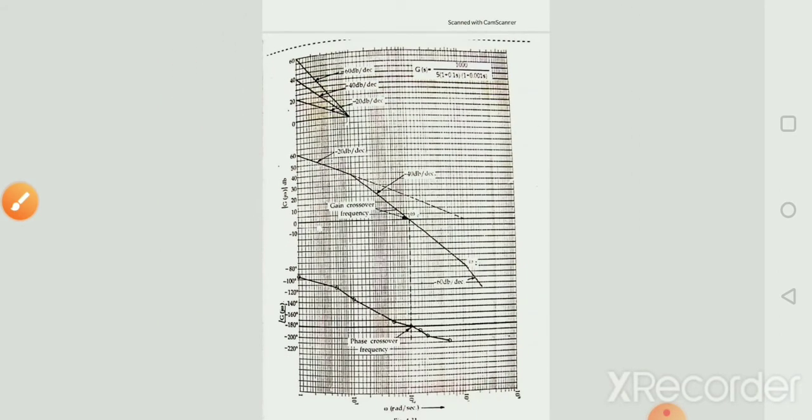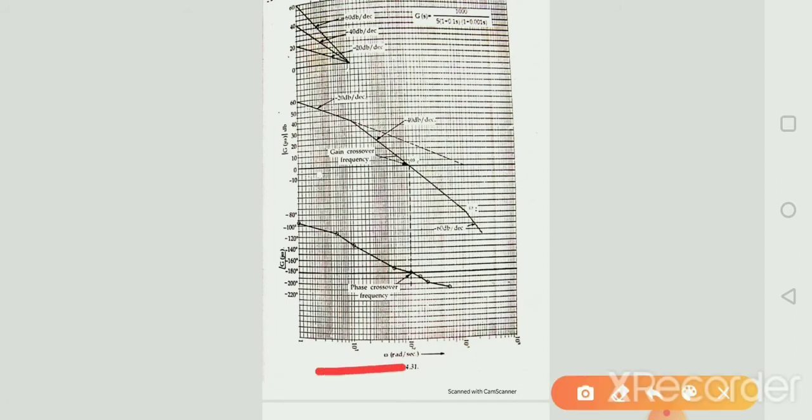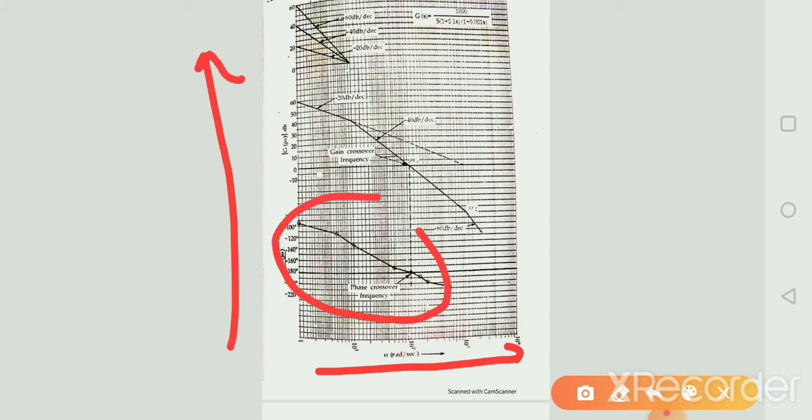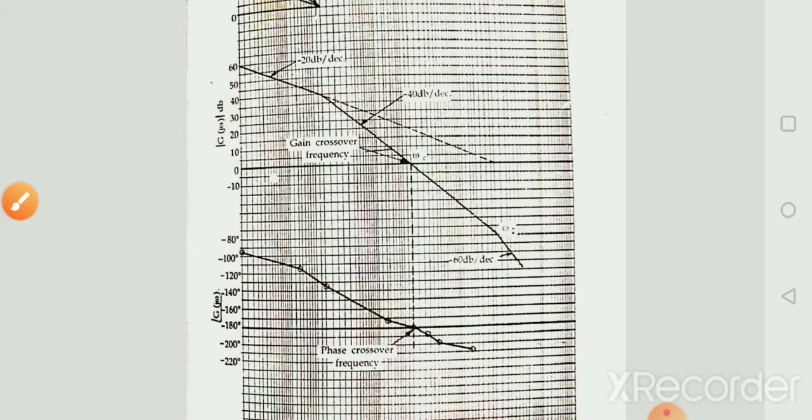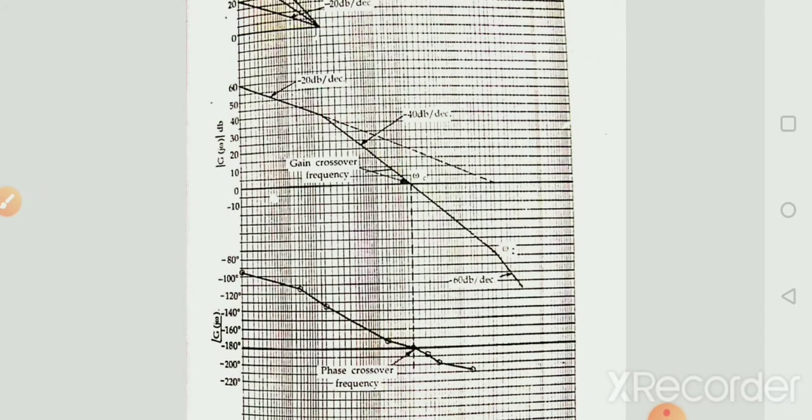If we see this graph, the horizontal axis denotes omega, which is in radian per second, and this denotes our magnitude, this plot is for the phase angle, and this plot is for the gain. Now how can we plot the magnitude curve? This is our magnitude curve.